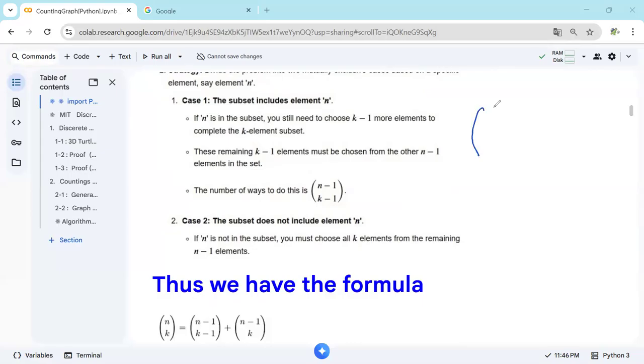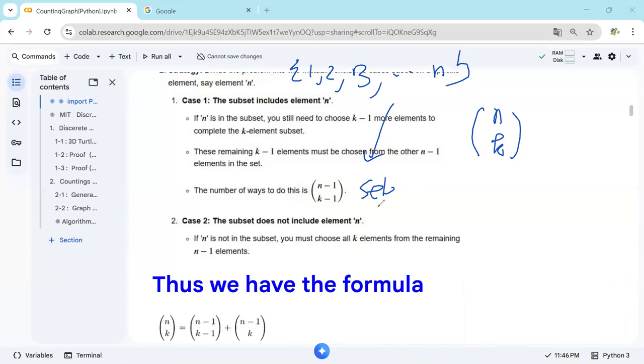So n choose k is the possible ways to select. Now suppose you have an n-element set, and just select a k-element subset. Okay, k elements from the original one, and then now we want to choose k elements.